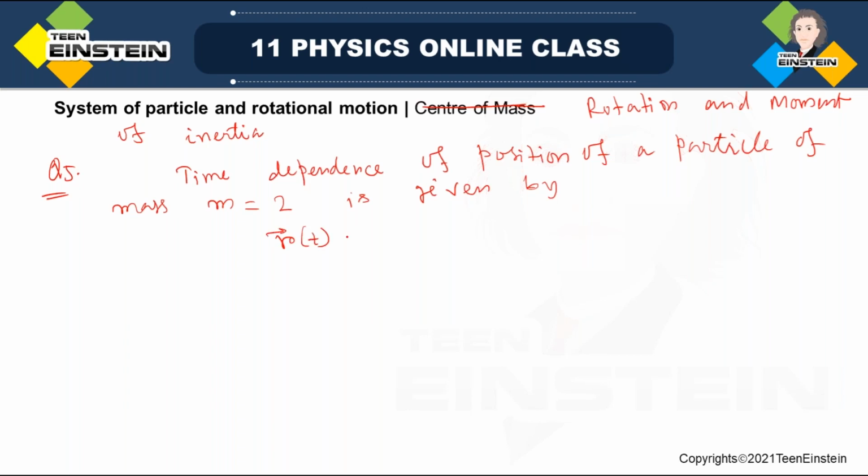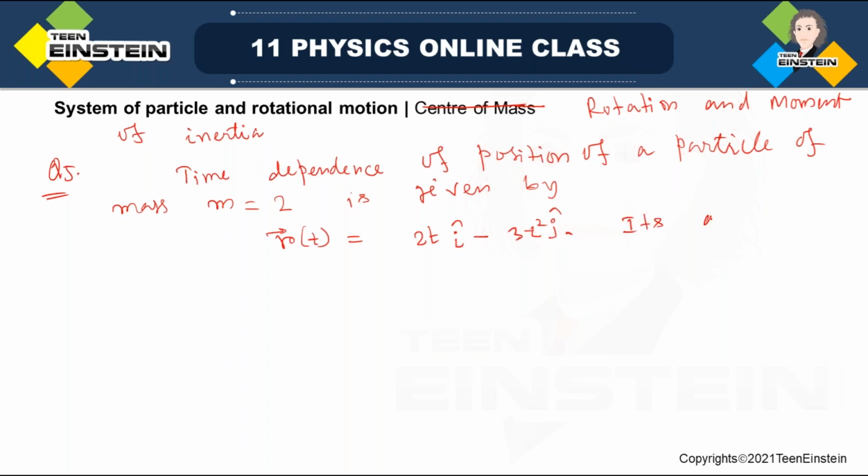This is a vector. r of t is equal to 2t i cap minus 3t square j cap.